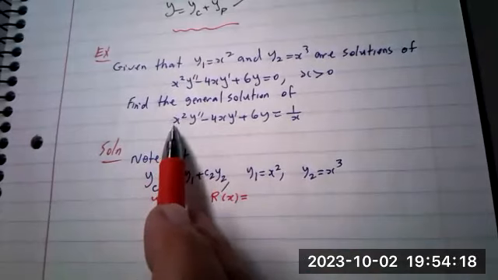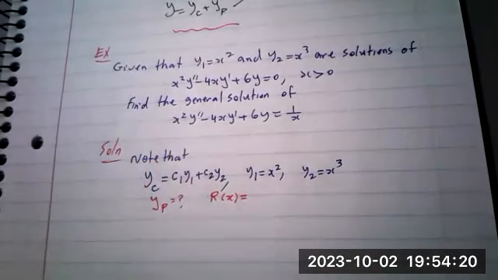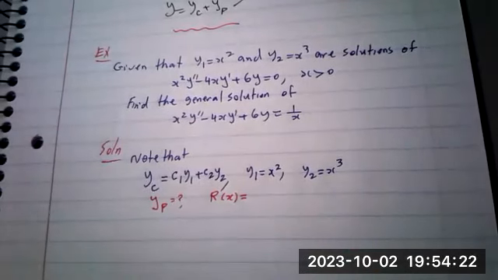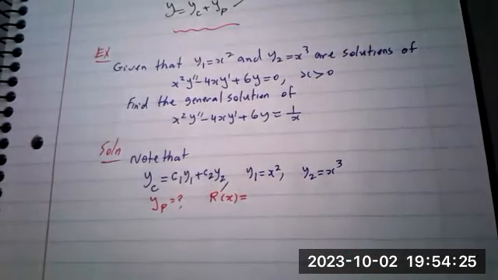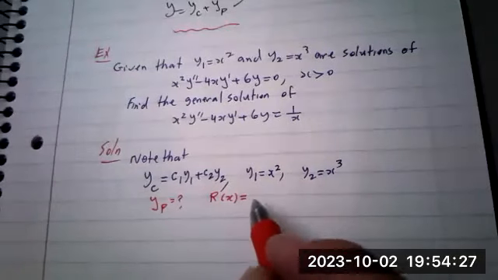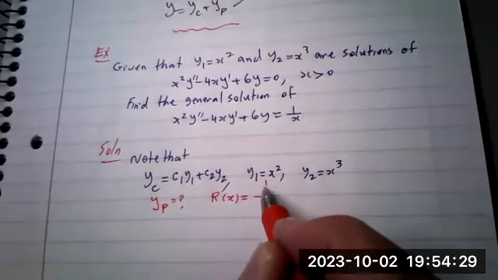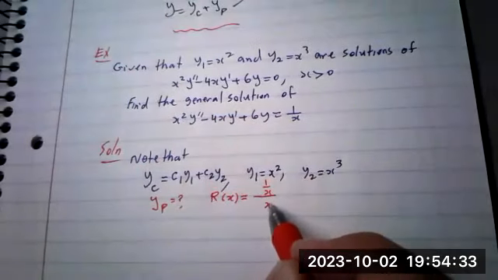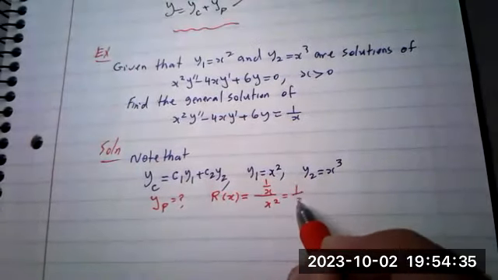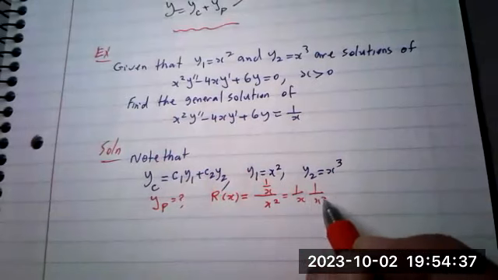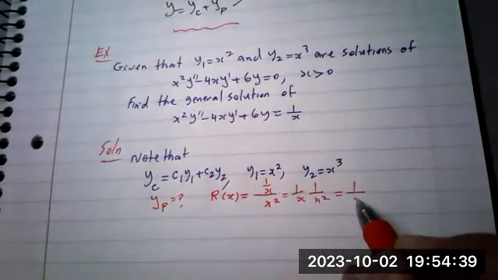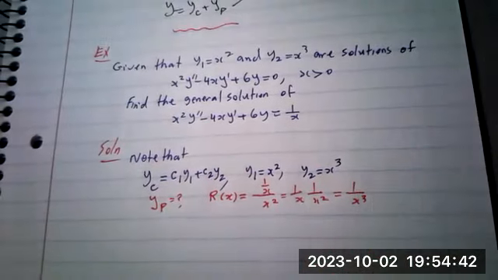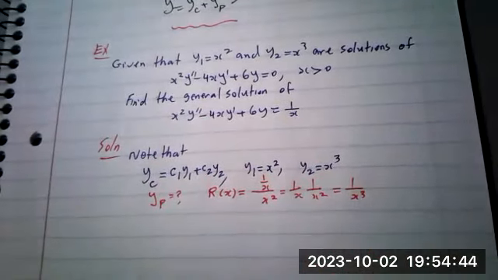Make sure you divide it, because this formula can be used as usual if the coefficient of the y double prime is 1. So make a note. It's going to be 1 over x divided by x squared. This is going to be 1 over x cubed. So make sure that you use the 1 over x cubed for your r of x when you go to the formula.